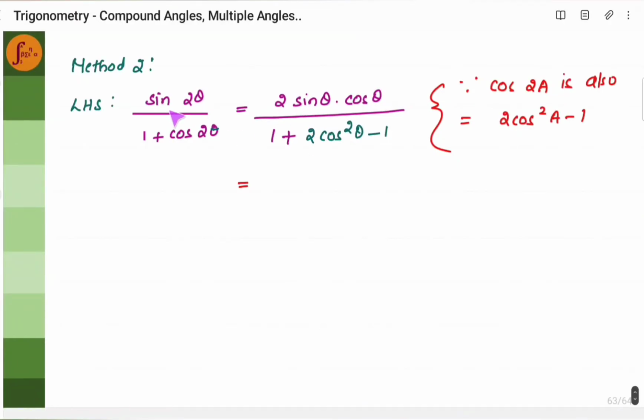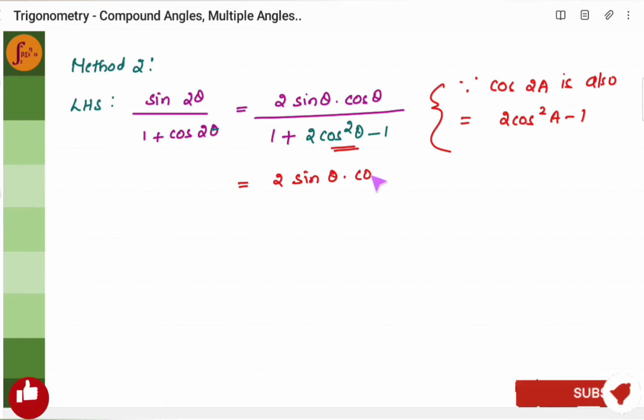Now, sine 2 theta is 2 sine theta cos theta. Cos 2 theta, I'll use this formula, 2 cos square theta minus 1. Now what will happen? 1 and 1 will get cancelled here. You'll be left with 2 cos square theta. Now, one of the cos thetas will get cancelled, right? And 2 will get cancelled.